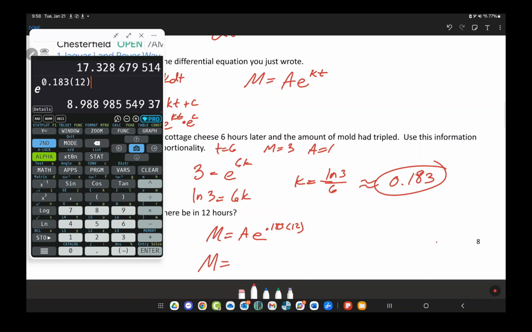Rounding, what's about... so 9A. 9 times the initial amount.